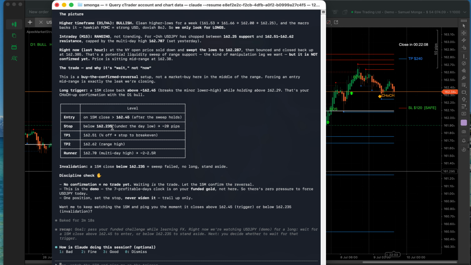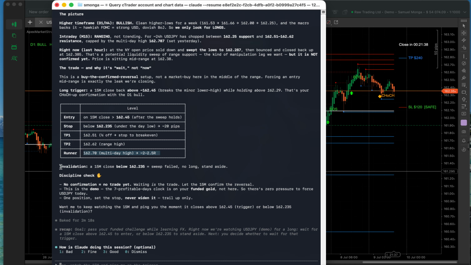But if you decide to allow Claude to use the indicator and trade for you, this is another thing, because you are the operator. So you can see what it's saying here. Below this price, the stop loss has to be at this price for break even, and the second one has to be here. Then you have to let your win run.